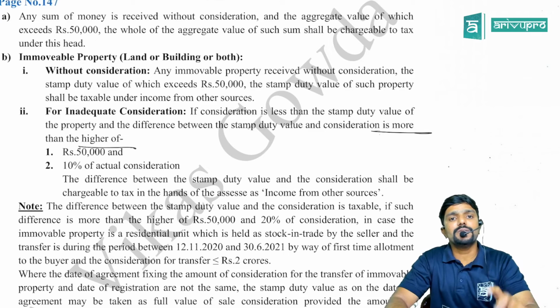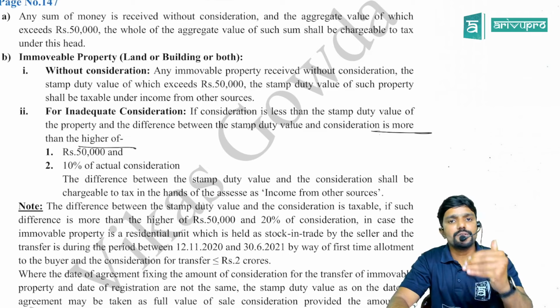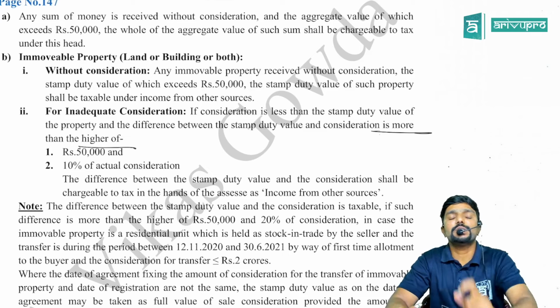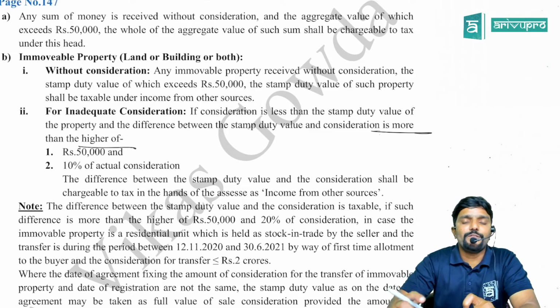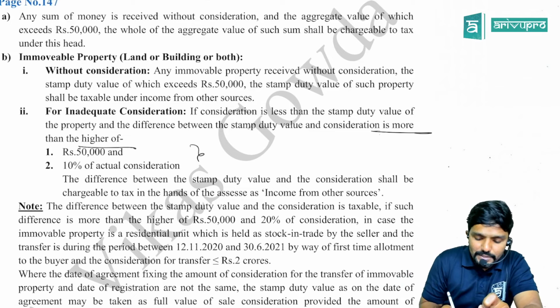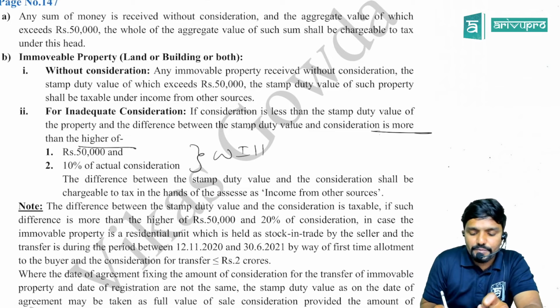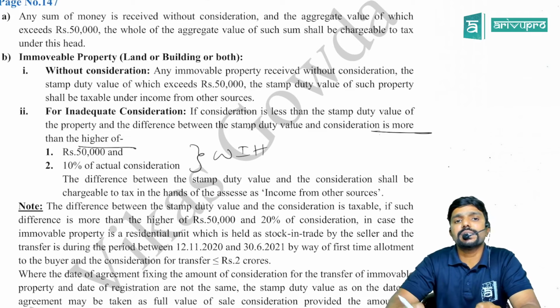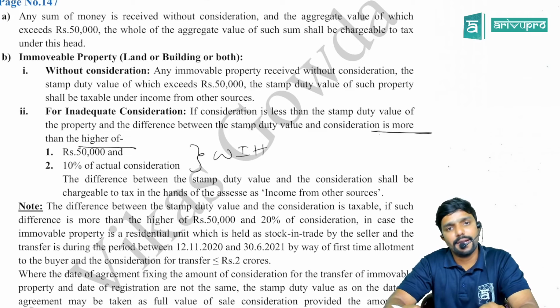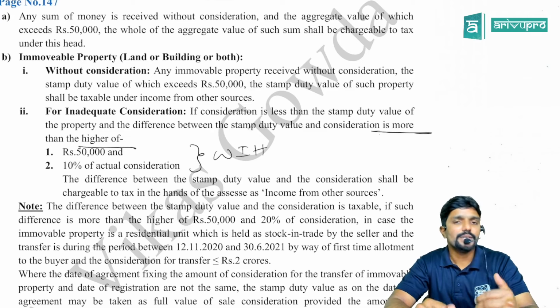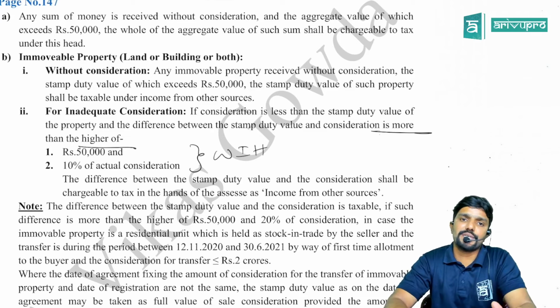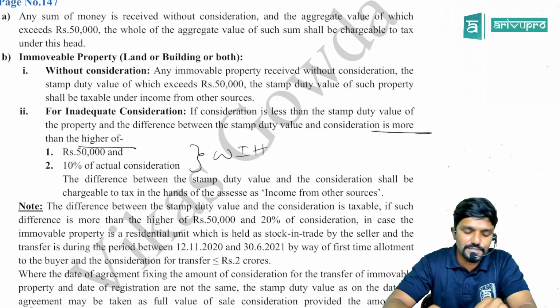If that is more than either of the two things, which is the 50,000 standard amount or 10% of the actual purchase value, then the inadequate consideration would be taxable under this head, guys. Yes, this is all what we already discussed in our regular classes.